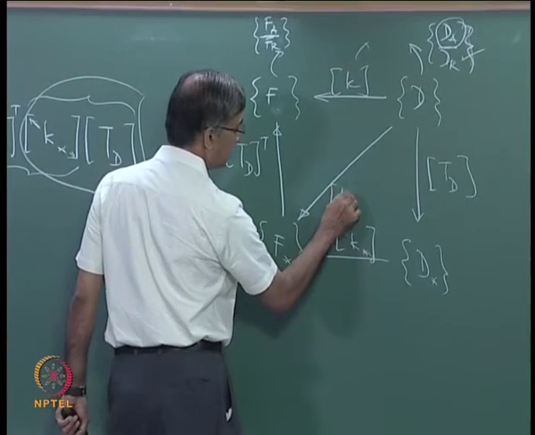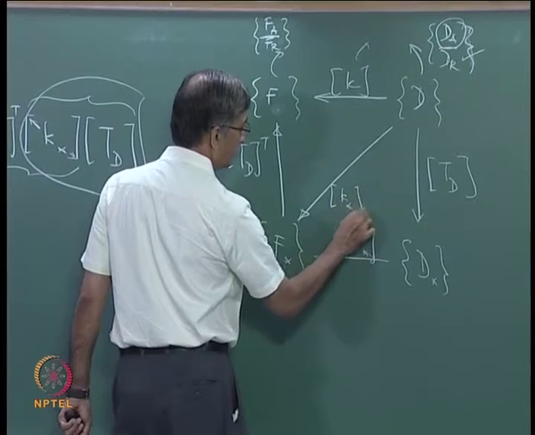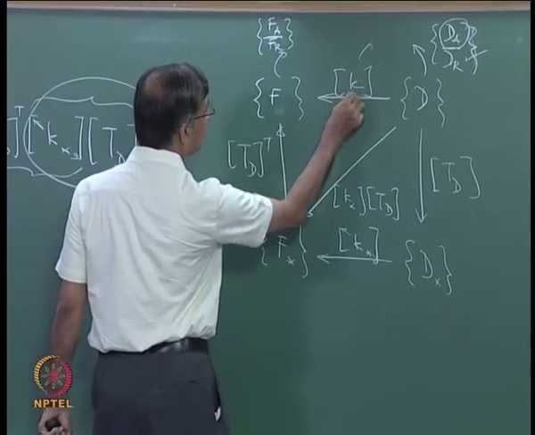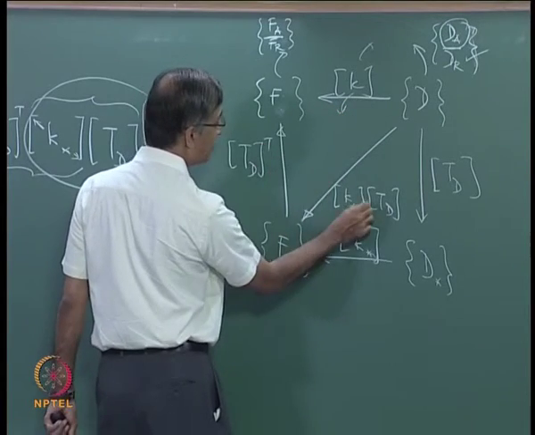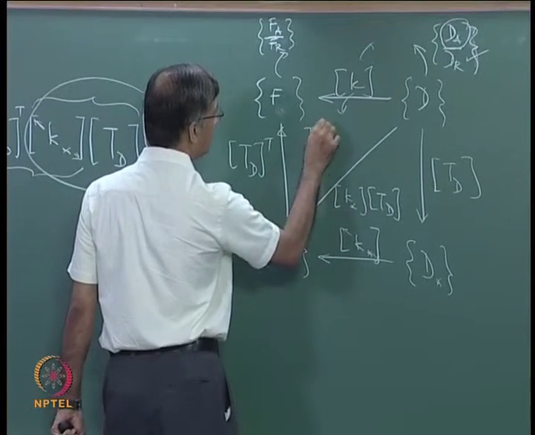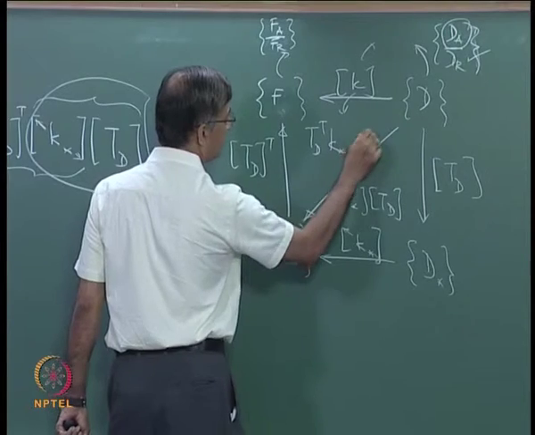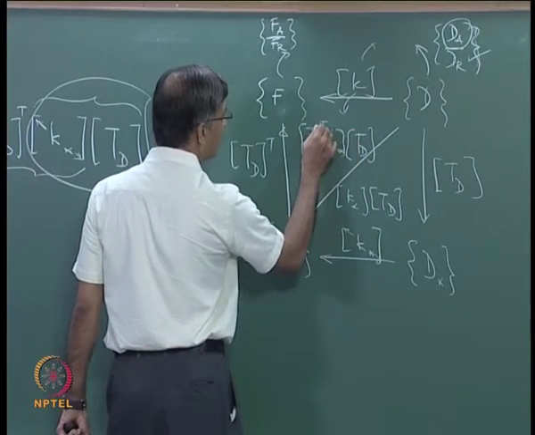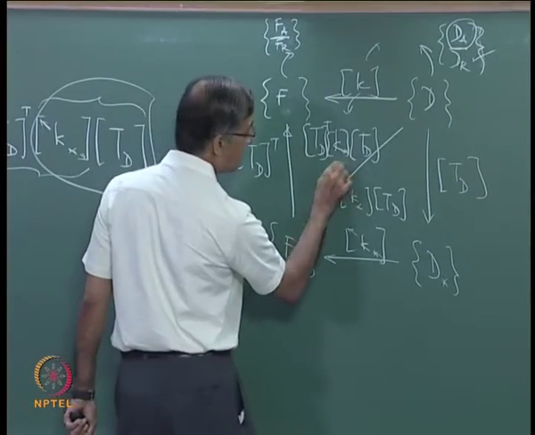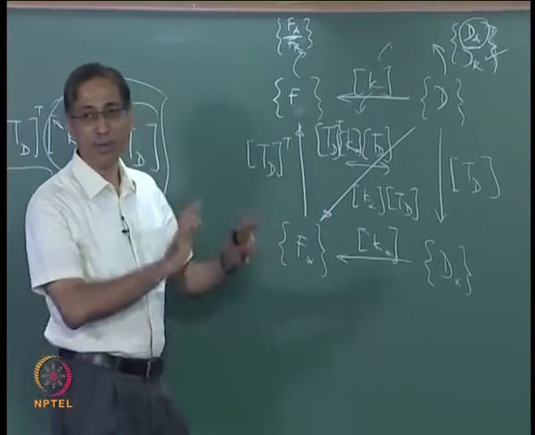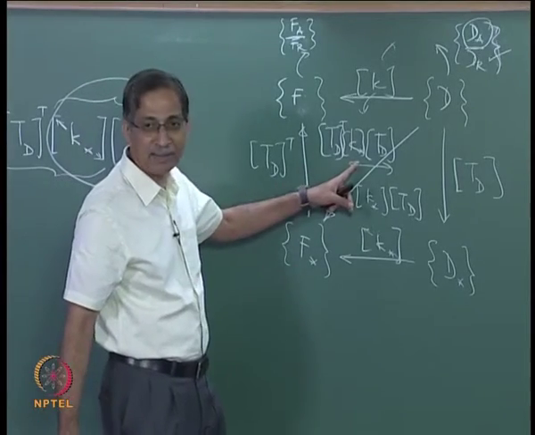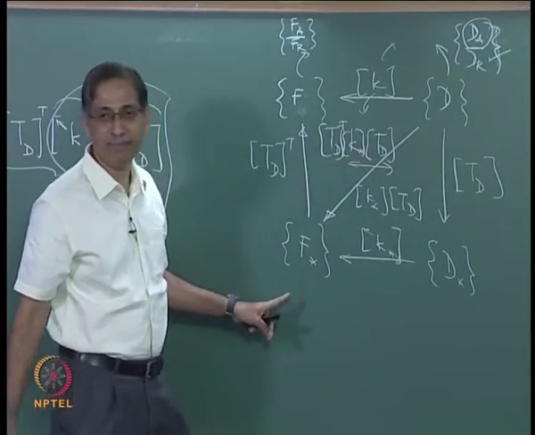There you are, K star into TD, and then the next transformation K is given by TD transpose K star TD. So now you see why it makes sense to do this calculation first and store it in your computer, because you can pick that up later when you find the member forces.